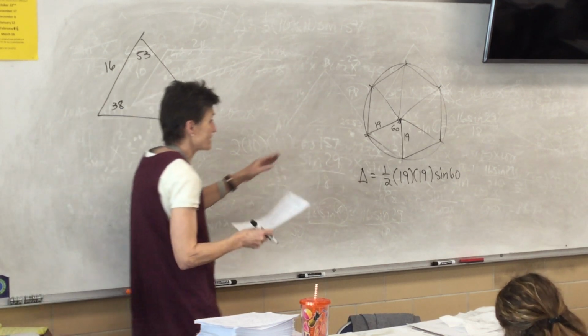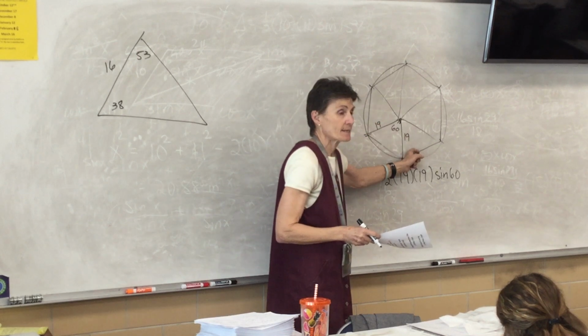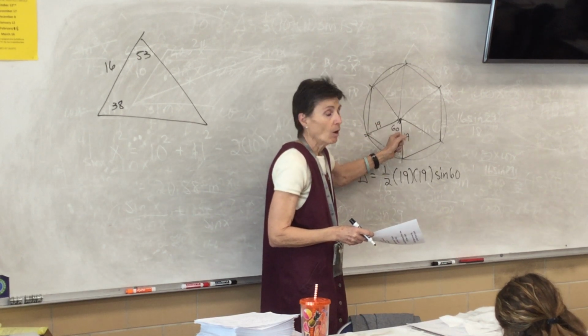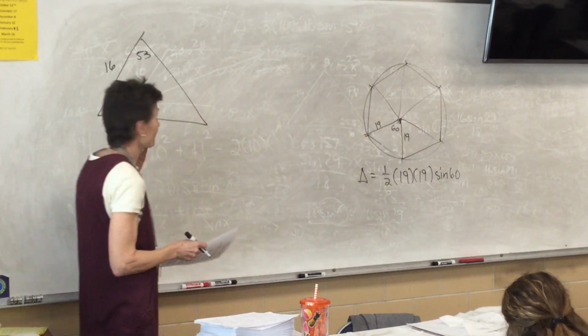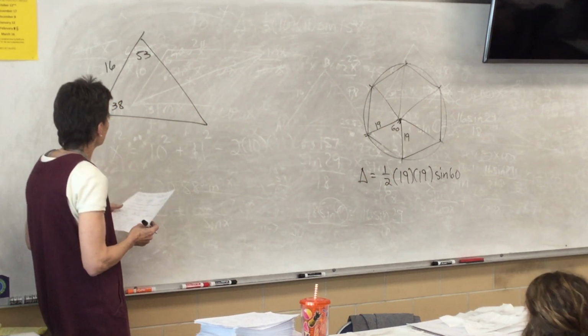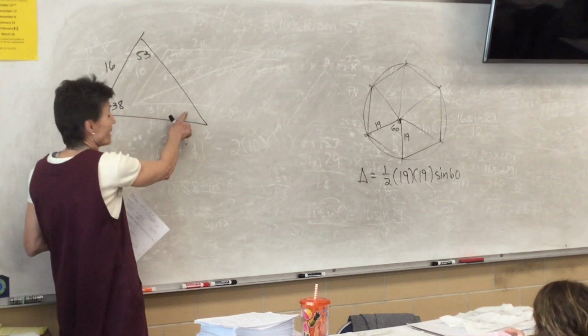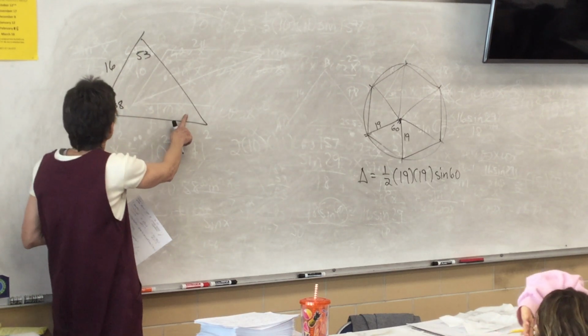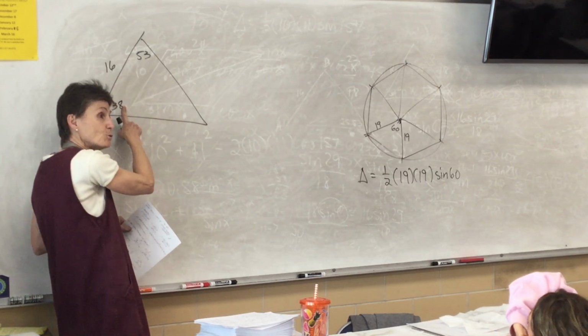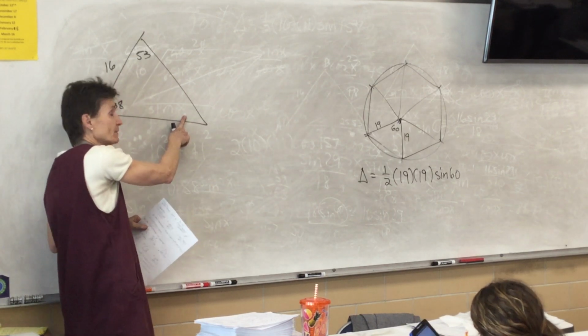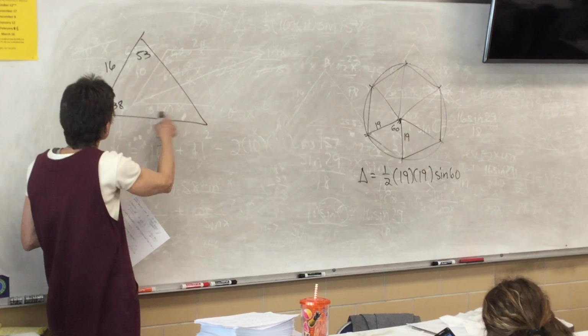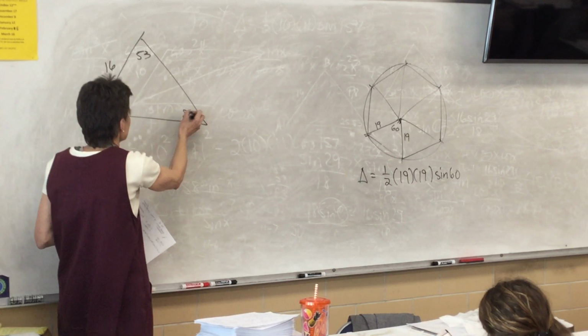If I do what I just did here, I need 2 sides and the included angle, or I need all 3 sides. I do not have that, so I gotta find a side. Might start with finding this angle. Remember, anytime you have 2 angles, go ahead and fill in the third one, even if you don't need it. So what would this third one be? 89.